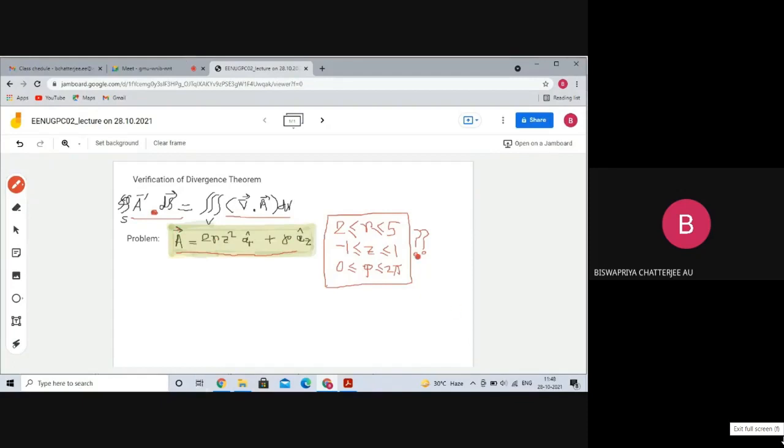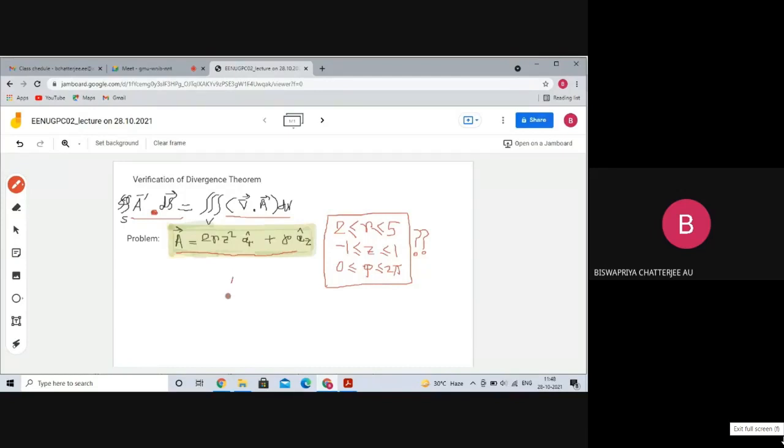Now you have to look at this diagram or this range. You have to figure out, using these three variations, what kind of geometry will evolve out of these three ranges.